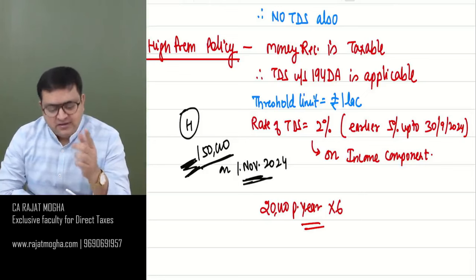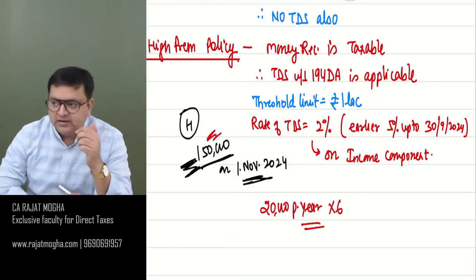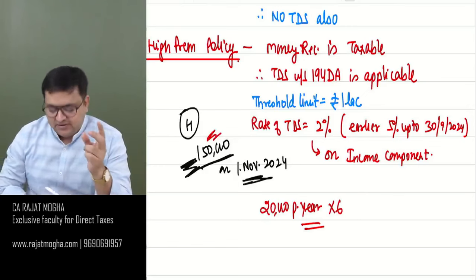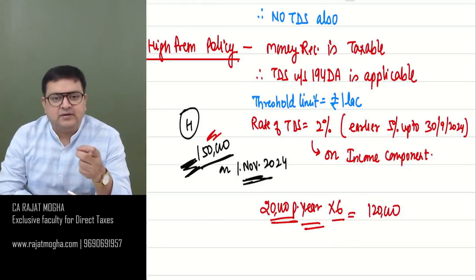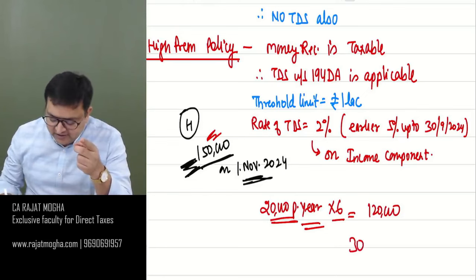Guys, you will say, today I am receiving 1,50,000, but I have paid 20,000 every year for 6 years. That is 1,20,000 is the total premium you have paid. So your income is 30,000.